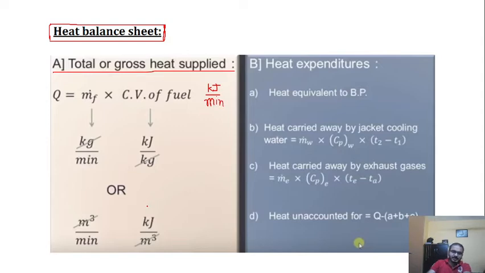Or let us say that we are having a gaseous fuel, then the flow rate will be given in meter cube per minute, and Cv of fuel is given in kilojoule per meter cube. So again we will get a result in the form of kilojoule per minute.